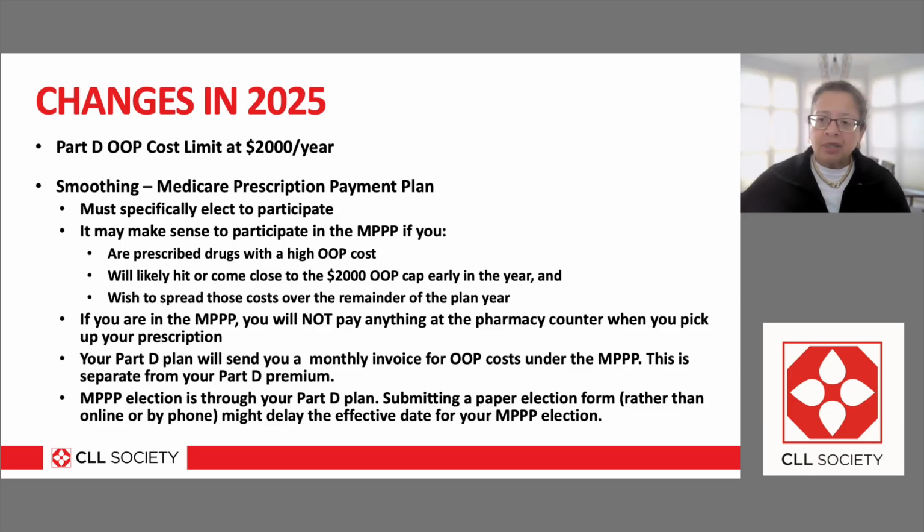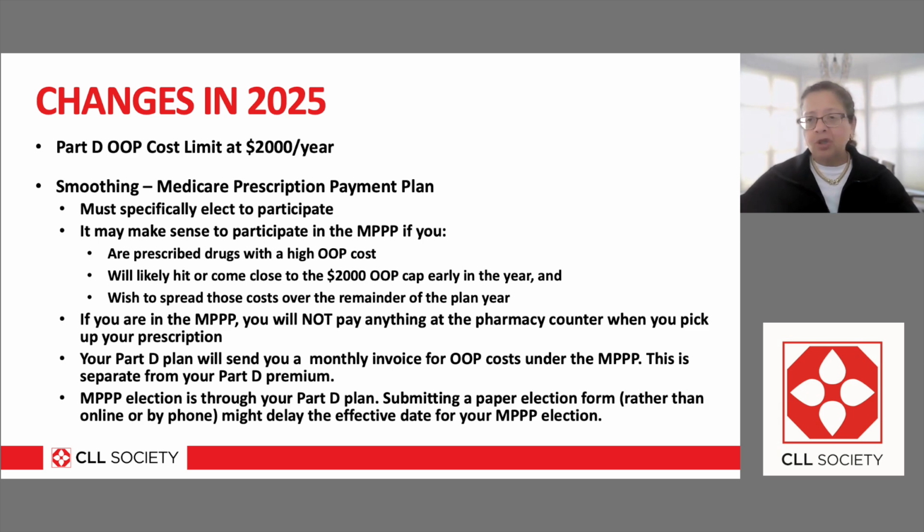The other thing that happened this year that hopefully you all took advantage of, is that you had access to a new program, generally known as smoothing, which basically meant that if you signed up for this, and you had to proactively sign up for it, you were allowed to spread those $2,000 of cost across the plan year.